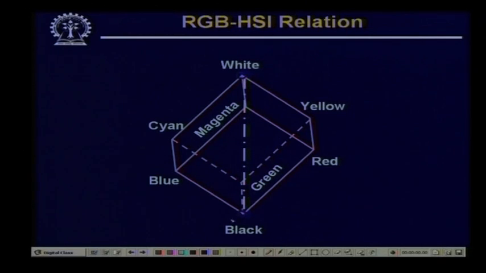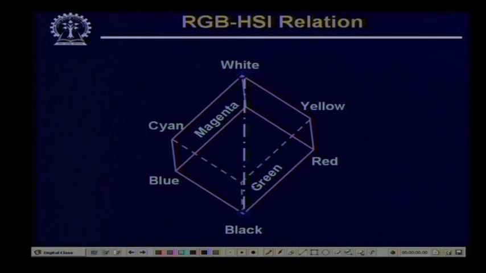Naturally, as before, the line joining black and white represents the intensity axis. Any point on this line joining black and white won't show any color information, but will have different intensities or different gray shades.